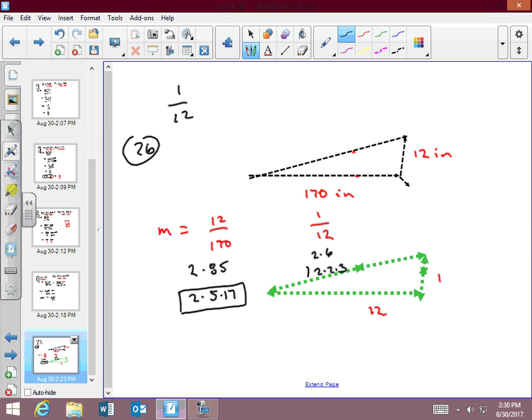Do you understand prime factorization? 2 times 2 times 3 are prime numbers, and they are all factors of 12 that multiply to 12, right? 2 times 2 is 4, 4 times 3 is 12. These 2, 5, and 17 are prime numbers, such that when you multiply those together, 2 times 5 is 10, 10 times 17 is 170, they give you 170.